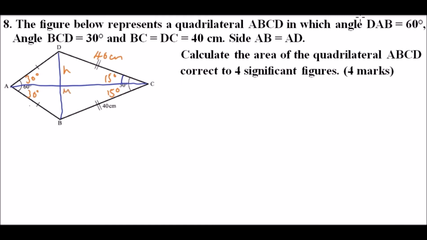We can call this M. So we can use sine 15 degrees is equal to h divided by 40, that is the hypotenuse, implying that h is equal to 40 sine of 15 degrees, which is 10.35 centimeters.